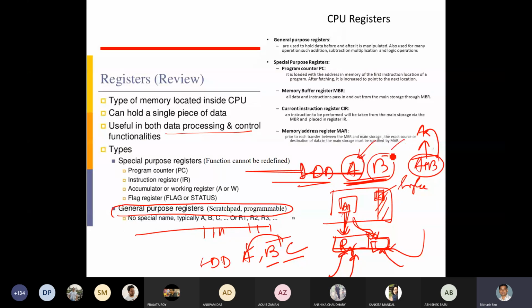That means you take the values from main memory, then the computation is again stored in the register itself. So the storing process is still there.